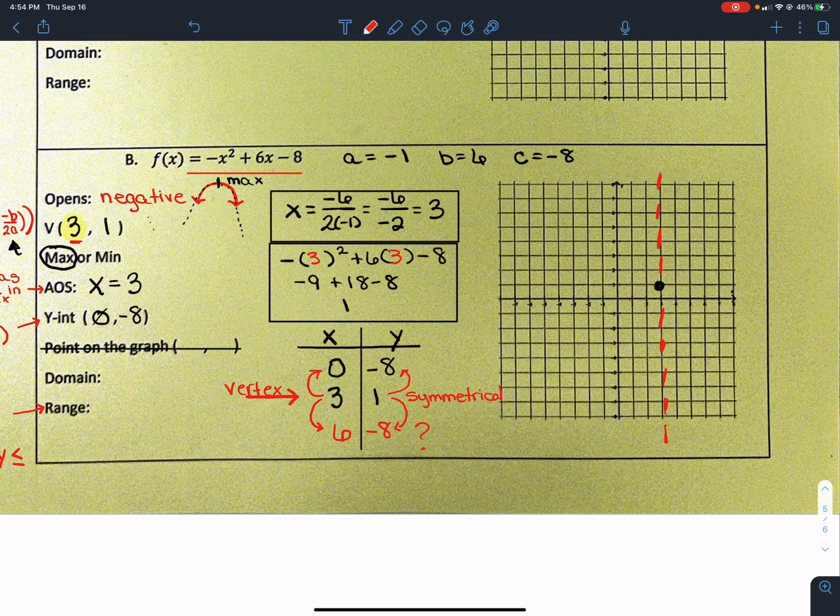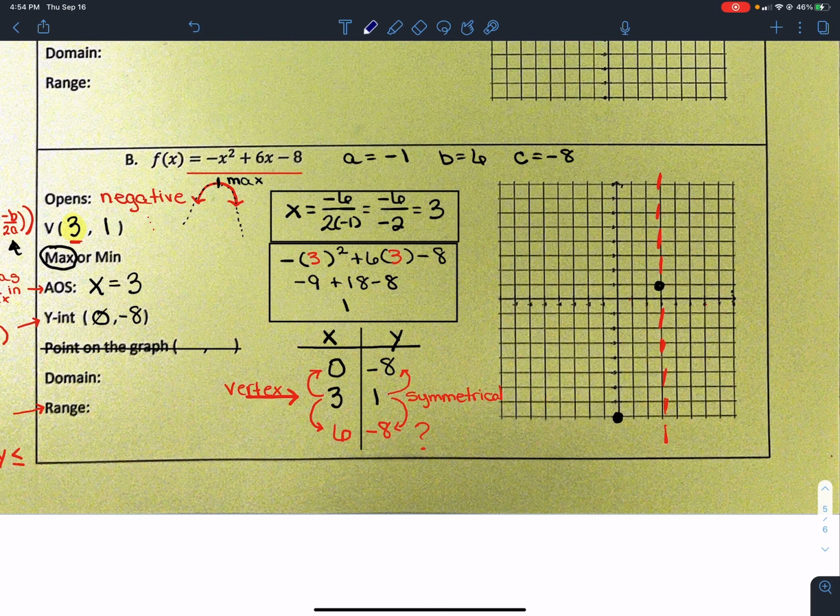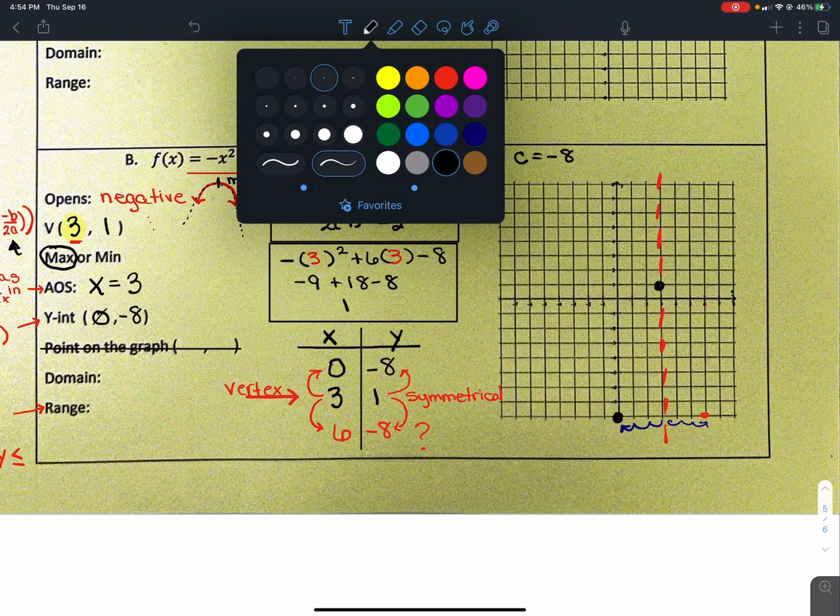I'm going to graph the y-intercept of 0, negative 8. And because it's symmetrical, from the axis of symmetry to the y-intercept, I went over 3 units to the left. So on the right side of the axis of symmetry, I'm also going to go over 3 units to the right. That's where my next point is going to be.